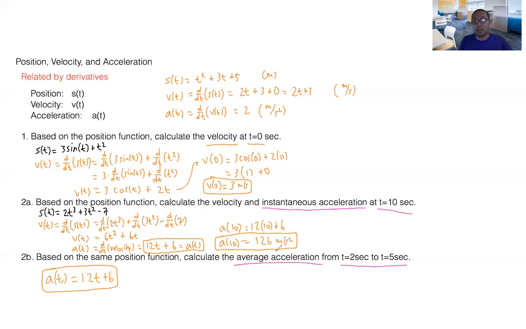Acceleration, in terms of average acceleration, when you're considering the time interval, is the change in velocity divided by the change in time. And so in this case, we're actually going to use our velocity function, which is going to be 6t squared plus 6t. That's what we found right here, okay? So this is what we are using, right?